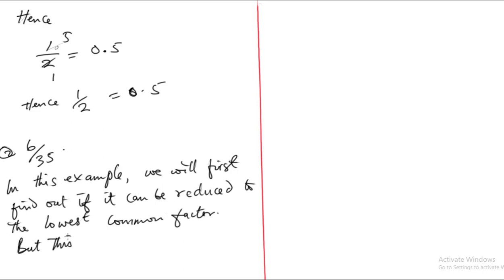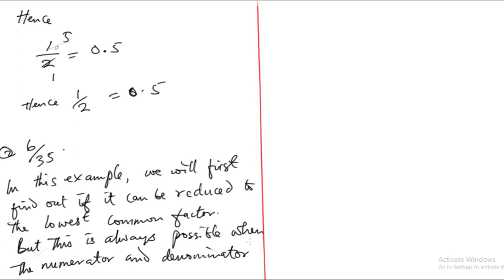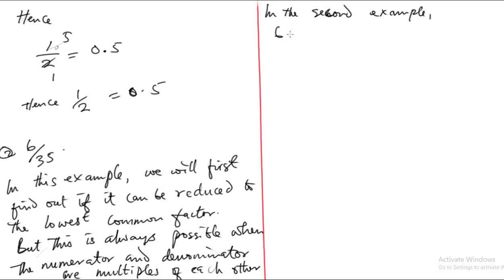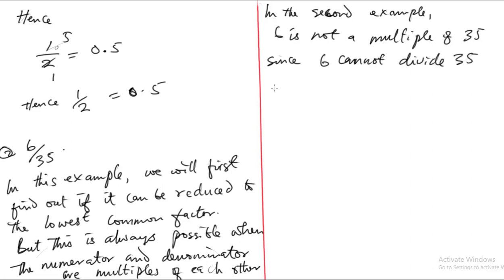In the case of 6 over 35, 6 is not a multiple of 35, so we cannot reduce it, since 6 cannot divide 35 without a remainder.